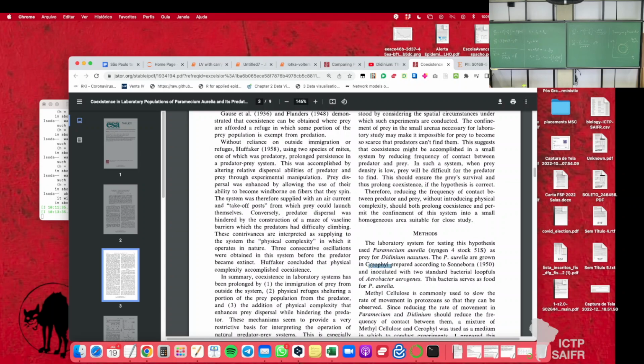Then he introduced a different chemical element, methyl cellulose, which is a thickener that makes the solution more viscous. Having a higher viscosity of your environment slows down the movement of the individuals, of the Didinium and so on. So then he got something.